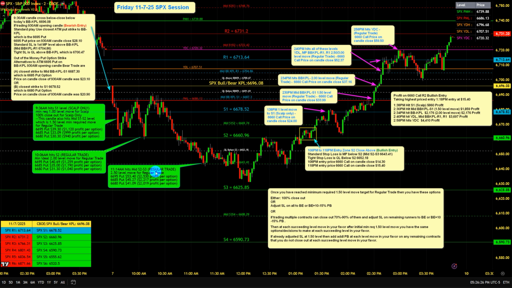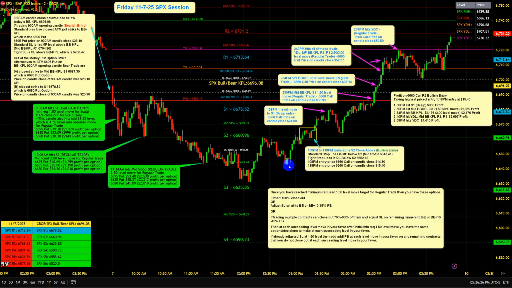And then at 11:14, we got the mid S2, S3 hit, which was a 2.50 level move. It did not quite make it down to S3. That's when we started seeing a potential turnaround here as we went all the way back up to S2, then backed off.